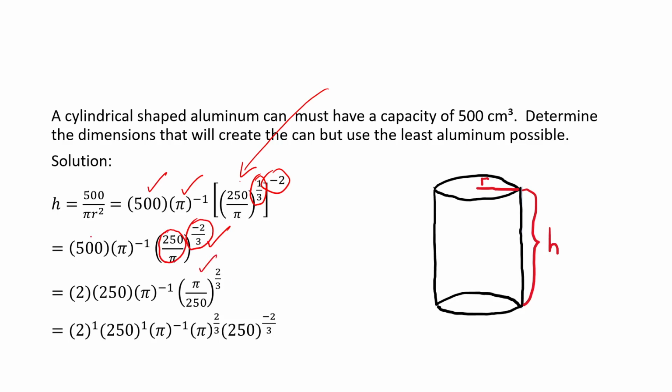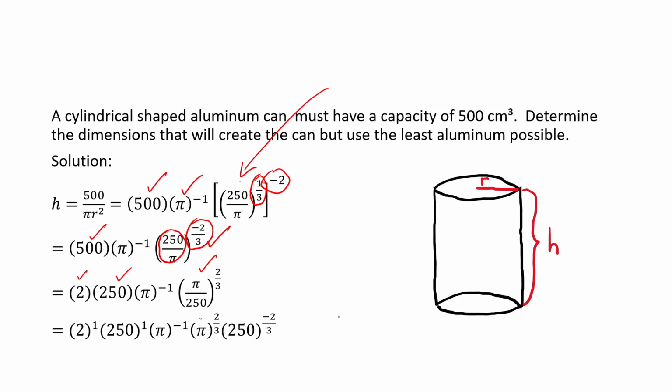And we're going to break up that 500 into 2 times 250. So what we really have now, if you look at that bottom line, we've got 2 times 250 to the exponent 1 times pi to the exponent negative 1. And then we're going to break apart this pi over 250 to the 2/3 and call it pi to the 2/3 times 250 to the negative 2/3, because 250 is in that denominator.